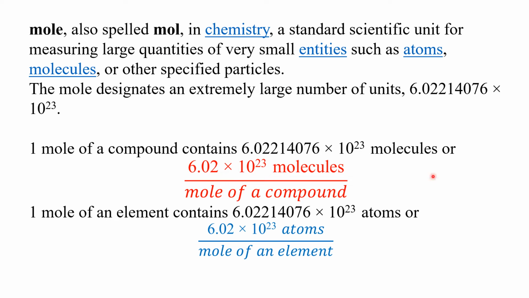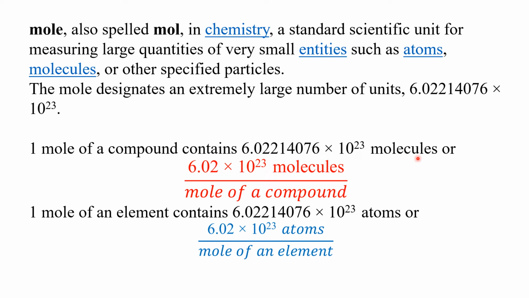Again, 1 mole in chemistry is a standard scientific unit for measuring large quantities of very small entities such as atoms, molecules, or other specified particles. The mole designates an extremely large number of units, 6.022 times 10 to the 23 units. So if your substance is a compound, then its units are molecules.